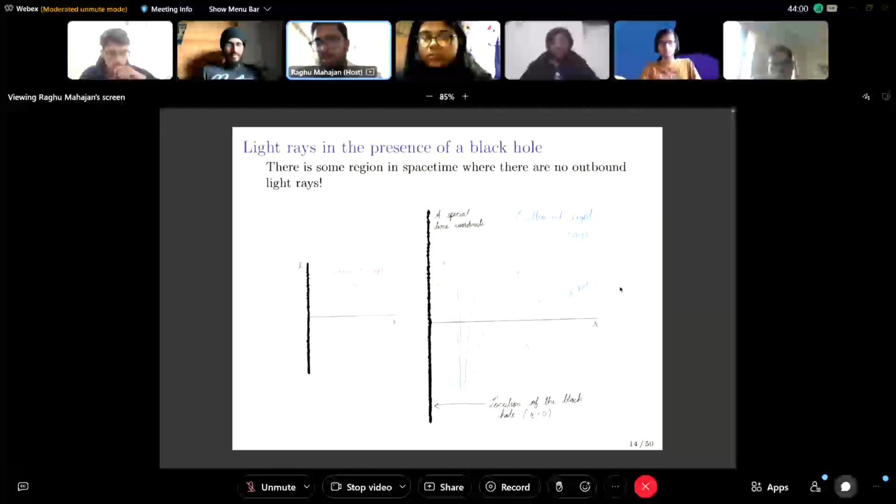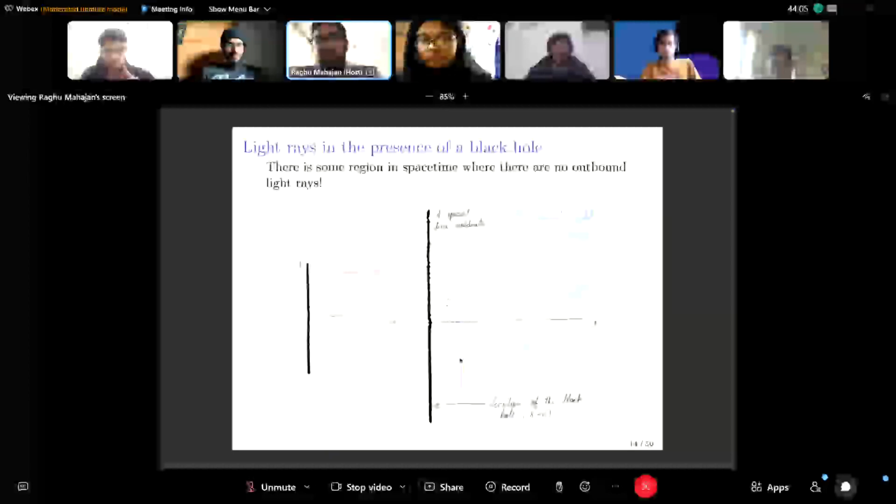But what happens is that as you come closer and closer to the black hole, there are some blue lines that wanted to go out but couldn't, and fell into this thick black line. In particular, this line here that I'm highlighting, and this one. So even the light rays that would have gone out kind of fall in towards the center.